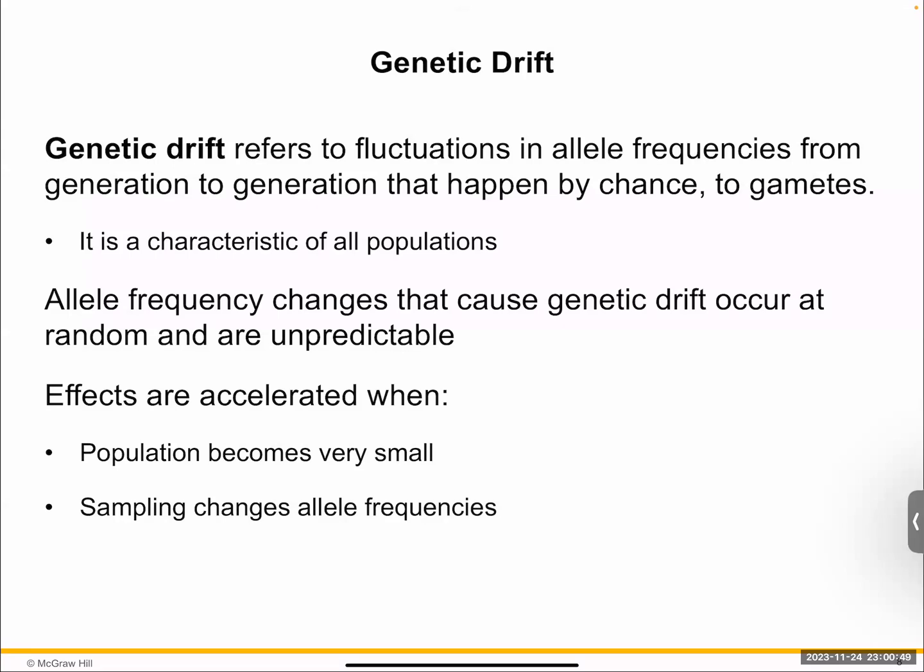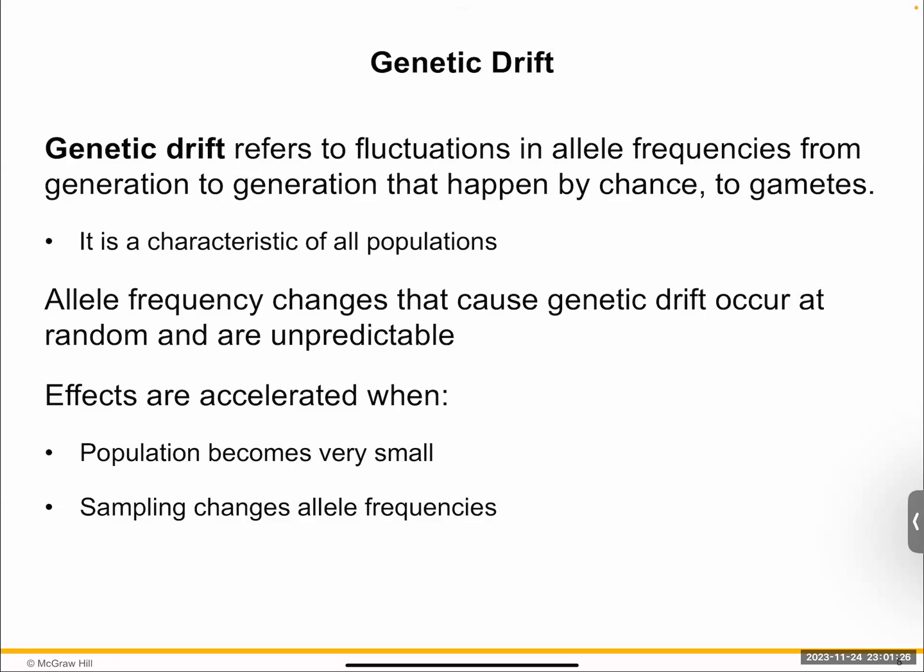Now, the third thing that we're going to talk about in terms of effects on allele frequency is what we call genetic drift. Again, I talked about this before. We're just looking at it in a little more depth and looking at some of the populations. Genetic drift refers to the changes or fluctuation in the frequency of your alleles from generation to generation by random chance and changes that take place in the gametes.